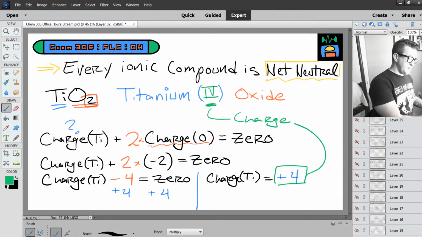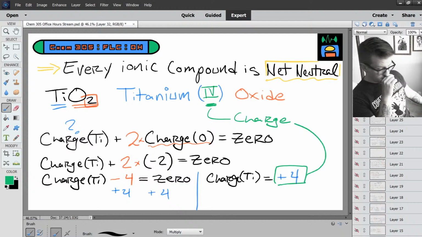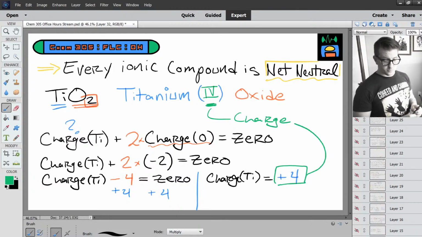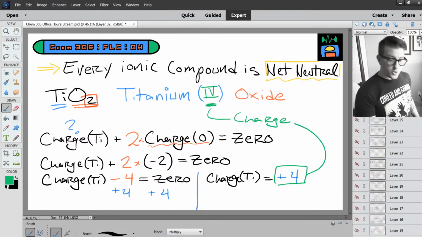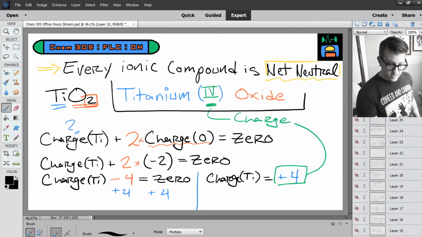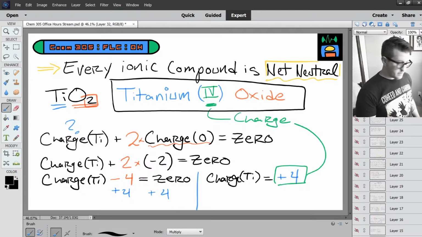All right, so once you determine that charge, you put it in parentheses in Roman numerals next to your transition metal, and that is the name of the compound.